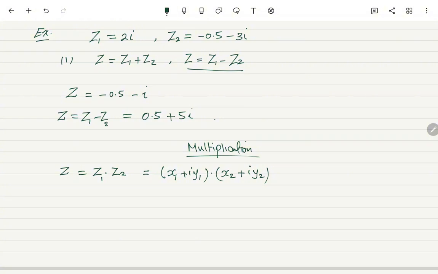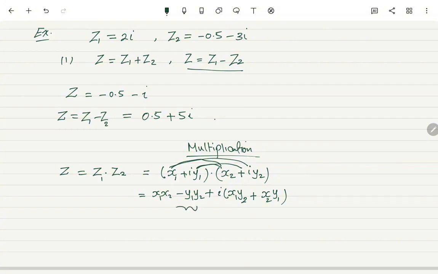In multiplication, we just distribute each term on both the real and imaginary parts. So the multiplication will be equal to x1 x2 minus y1 y2 plus i (x1 y2 plus x2 y1).